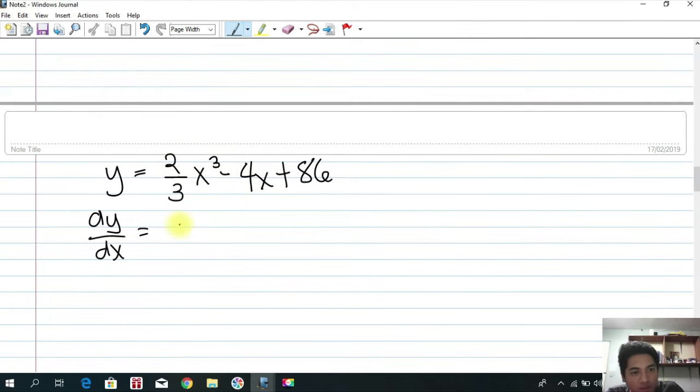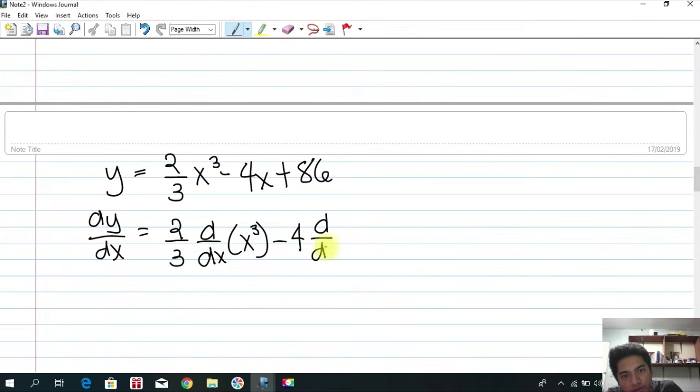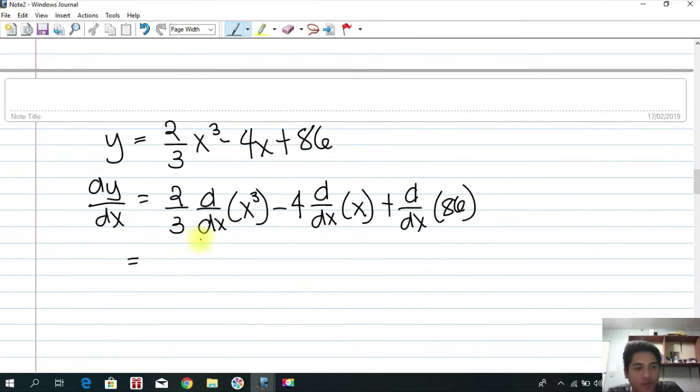So we have to get 2/3 the derivative of x cubed minus 4 times the derivative of this function x plus d over dx of this constant 86. So 2/3, bring down 3 because that is the exponent, multiply it, then x cubed minus 1, so power rule again.